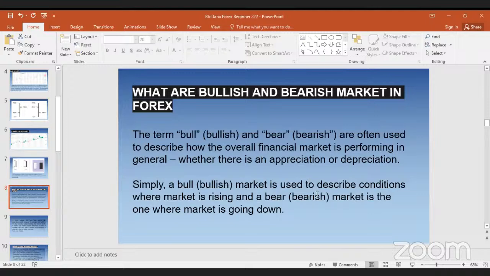Then when the market is coming down, it is bearish. We say, wow, this market is bearish. If you want to give information to your fellow forex trader, you say, Ola, check your chart. Your chart is bearish. So you are telling Ola that his chart is going down. So that is our bullish and bearish market.